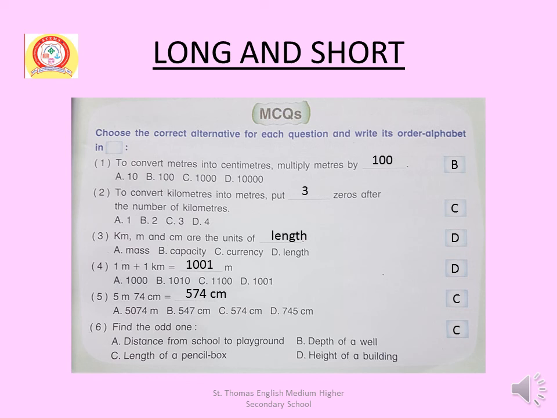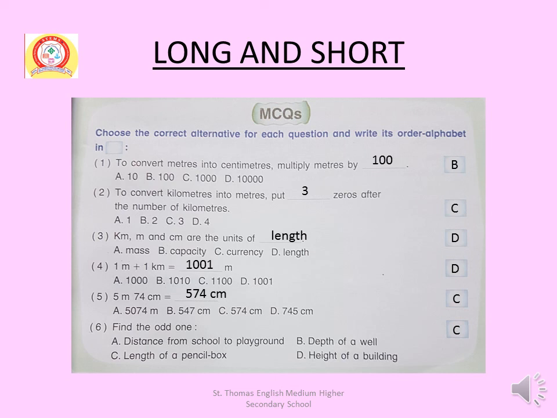To do that, you have to put 2 zeros after the number of meters. So, 5 meter equal to 500 centimeter. Therefore, 500 centimeter plus 74 centimeter equal to 574 centimeter. So, the correct answer is C, 574 centimeter.